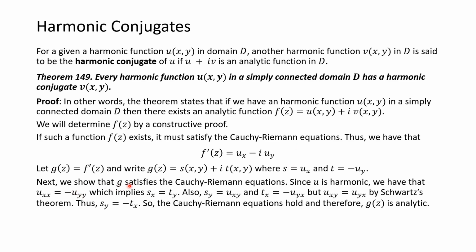Next we want to show that g satisfies the Cauchy-Riemann equations and is therefore analytic. Since u is harmonic, we have that the second partial of u with respect to x is equal to the negative of the second partial of u with respect to y.